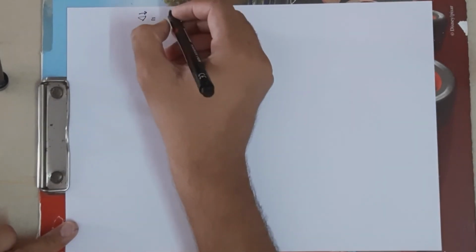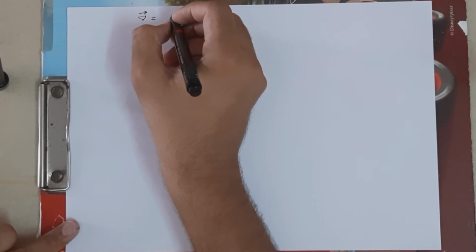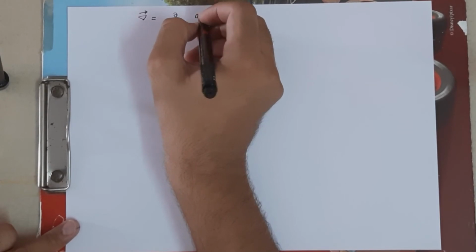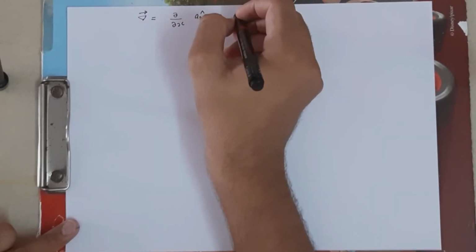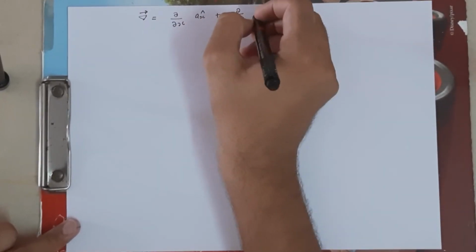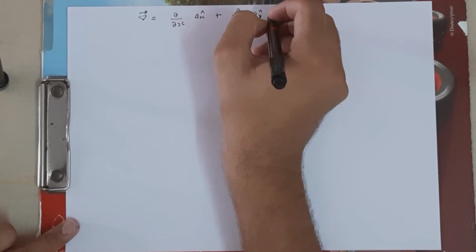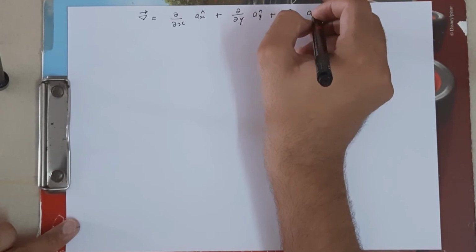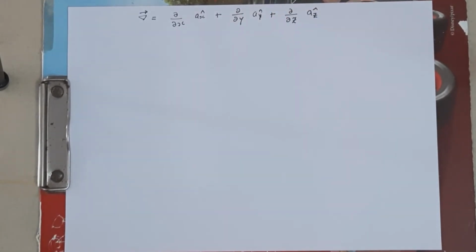Either the magnitude is changed or direction is changed or its value is changed in x, y and z direction. So in Cartesian coordinate system it is del by del x into ax unit vector plus del by del y into ay unit vector plus del by del z into az unit vector.